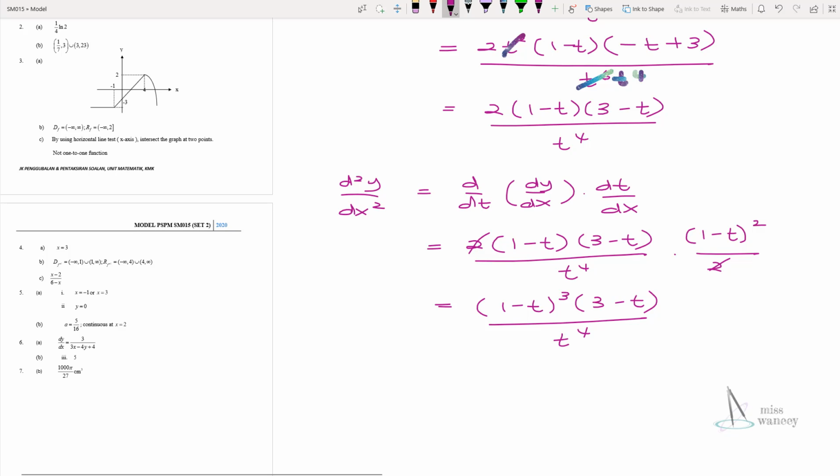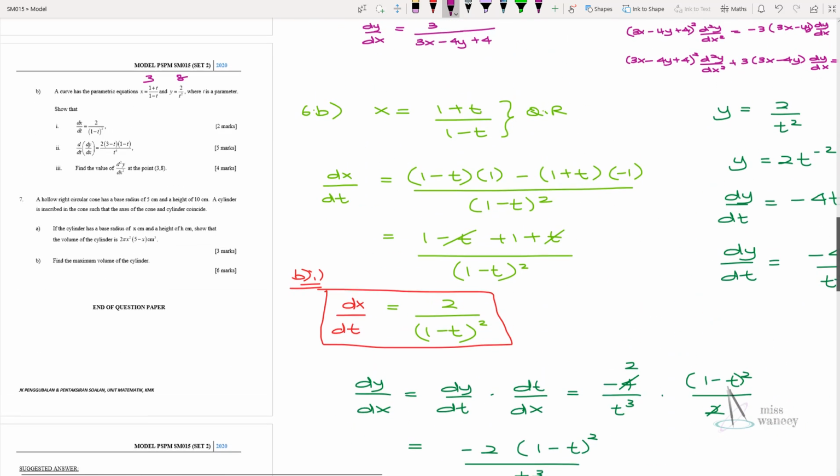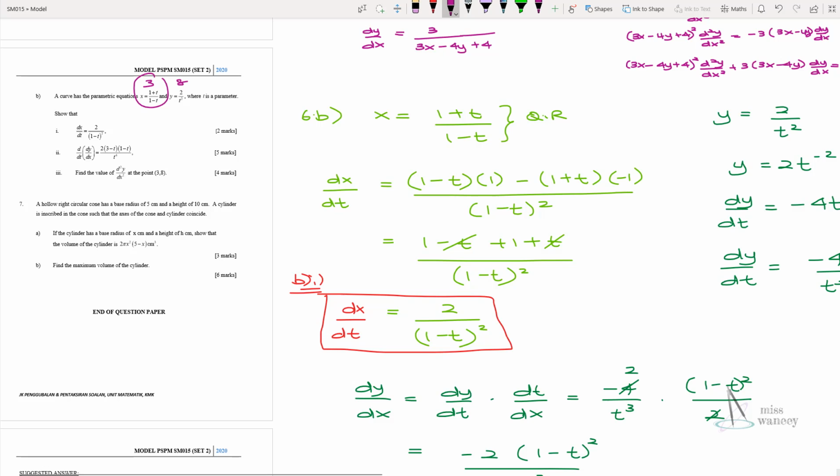Okay, so now let us see what is the value of t at (3, 8). So I'm gonna choose the second one. So I have 1 plus t over 1 minus t equal to 3. So 1 plus t is equal to 3 times 1 minus t. So I have 1 plus t equal to 3 minus 3t. So t plus 3t is 4t equal to 3 minus 1, which is 2.